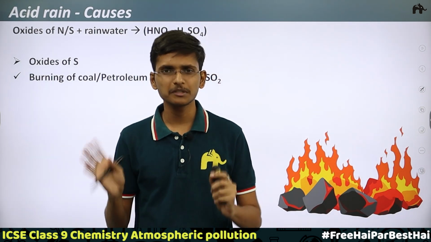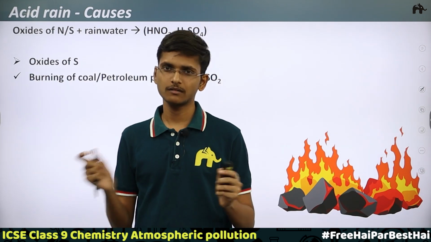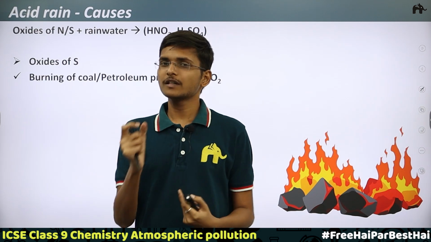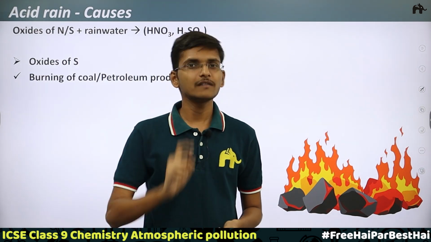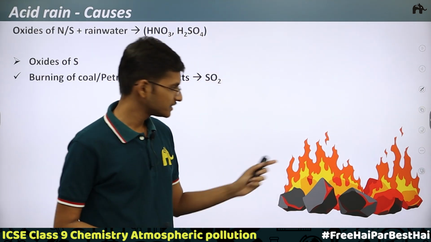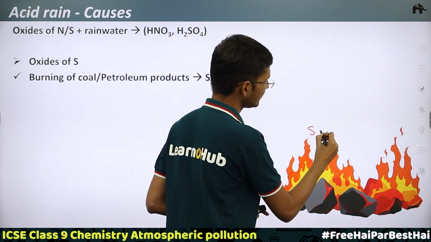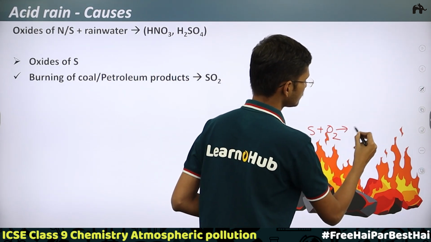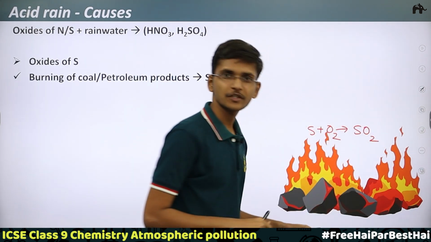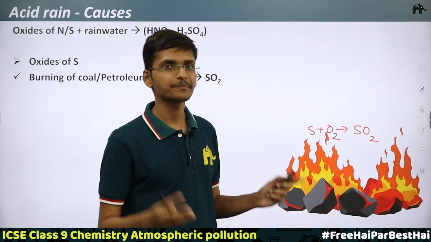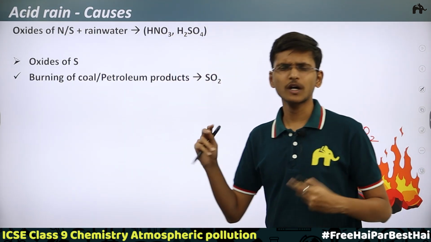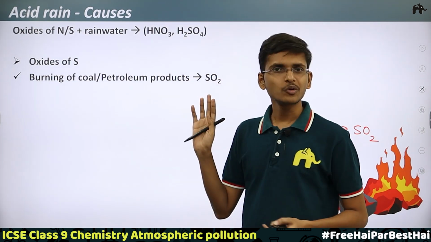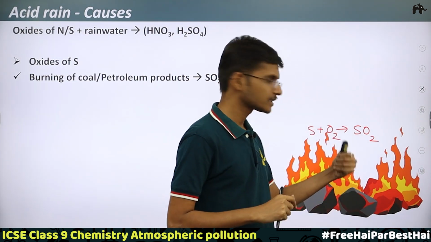Apart from carbon, which is present in major amount in coal, sulfur is also present. And when we burn the coal, this sulfur reacts with the oxygen in the atmosphere and gets converted into sulfur dioxide, this oxide of sulfur. So by burning of coal or by burning of petroleum products as well, we get sulfur dioxide.